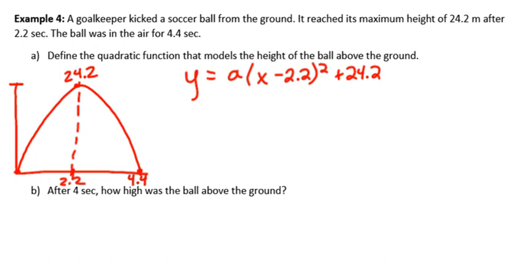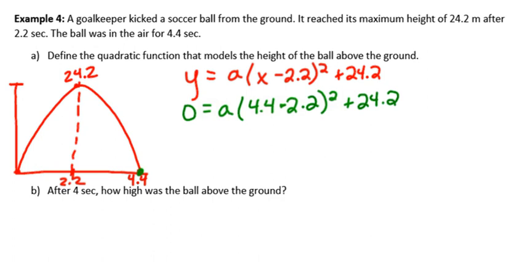So I'm going to use this point that I know. I know 4.4 and 0 is another point. So my y is 0, what's my a? If I'm at 4.4 seconds, my vertex is 2.2 and 24.2. So subtracting 24.2 from both sides, a times 4.4 subtract 2.2 is 2.2 squared.